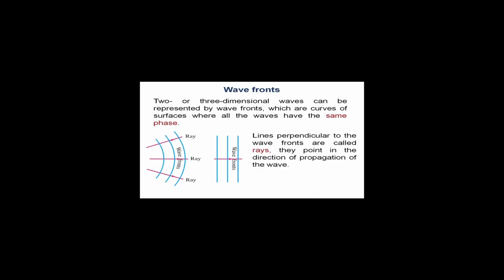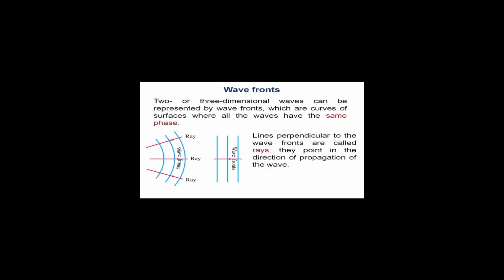Any sound or acoustic wave has a wave front. What is a wave front? A two- or three-dimensional wave can be represented by wave fronts, which are curves or surfaces where all the waves have the same phase. If you see the blue lines, all are wave fronts.